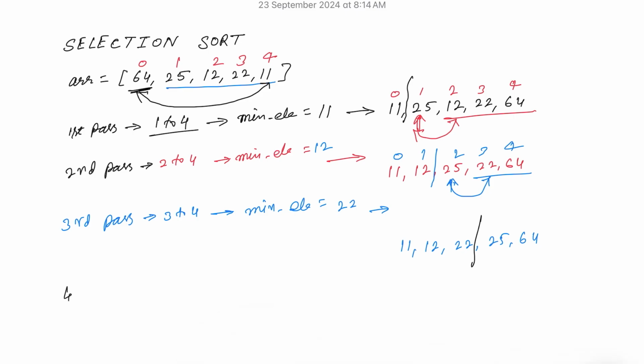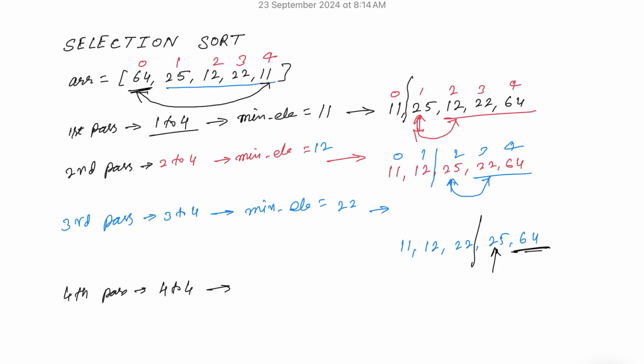Now in the fourth pass, 1, 2, 3, 4. Okay, so in the fourth pass it has to go from 4 to 4. So that means this one is the pointer and this is the remaining element. So we have to check if this is the minimum element.